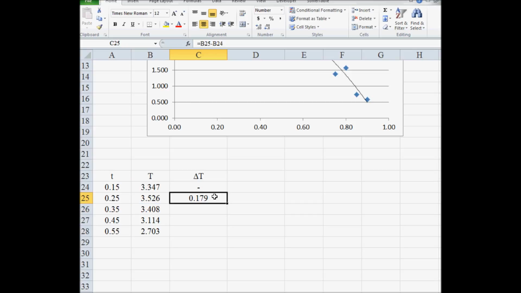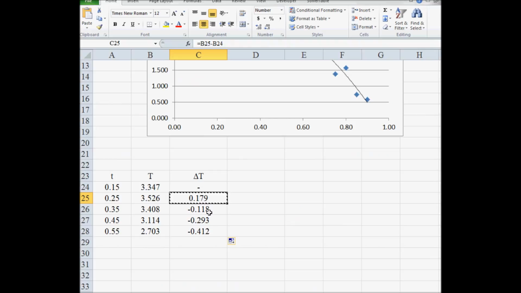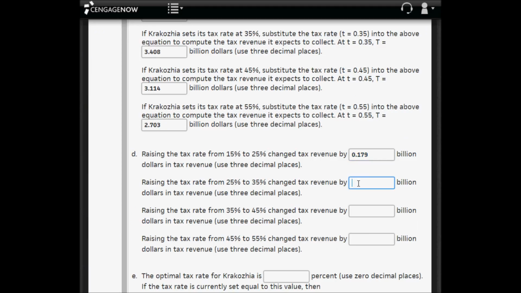It's positive, so tax revenue rises when taxes are raised from 15 to 25%. But then taxes fall as we raise the rate beyond 25%. So this is copied and pasted into this first answer blank in part D. Then all these declines in tax revenue are pasted here.